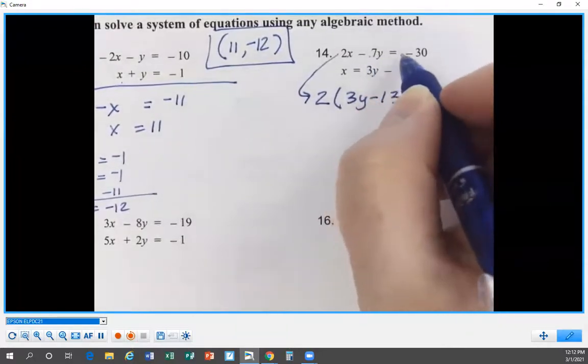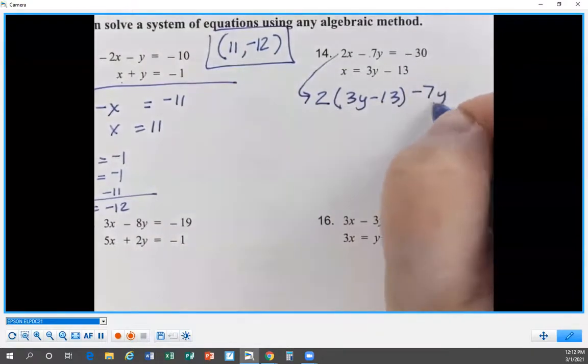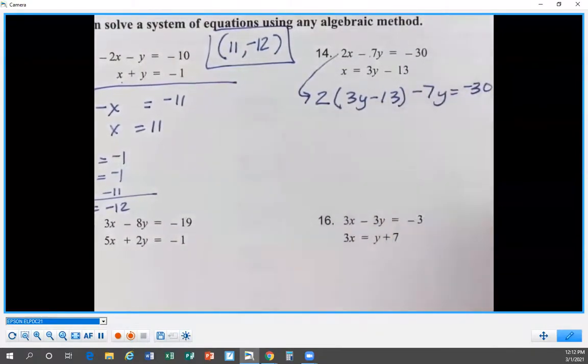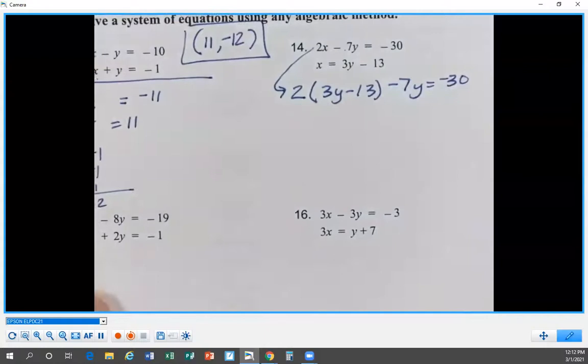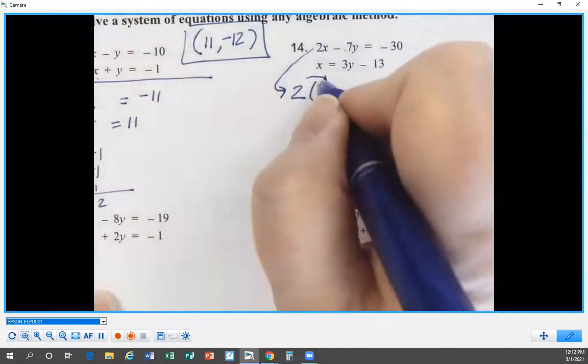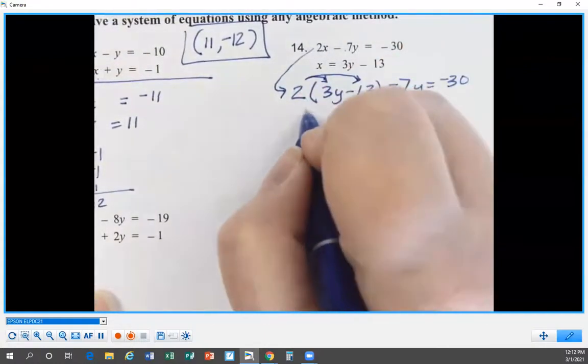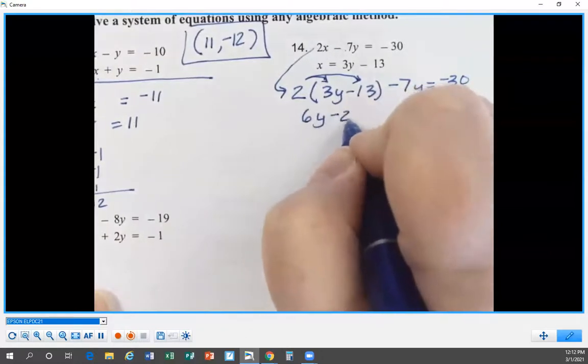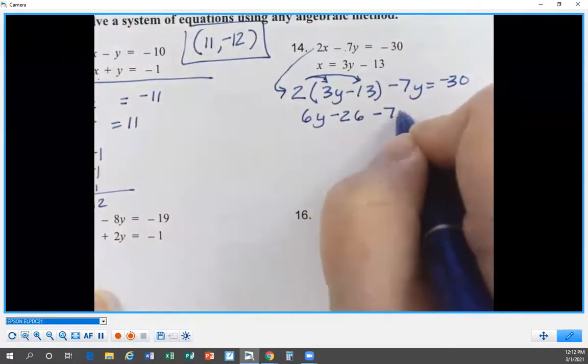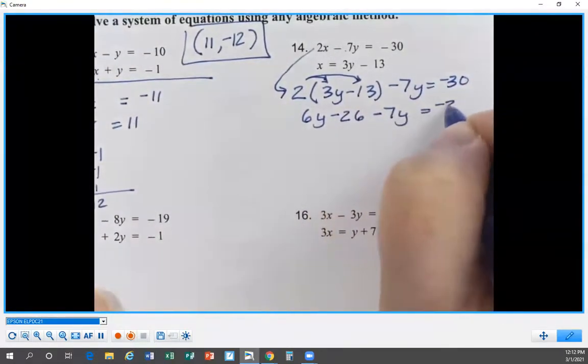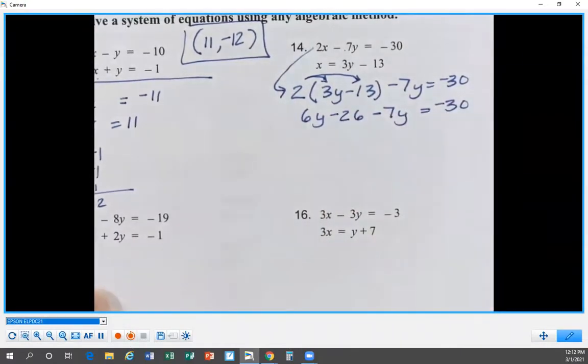Bring down the minus 7y equals negative 30. And then we distribute the 2. Get 6y minus 26 minus 7y equals negative 30.